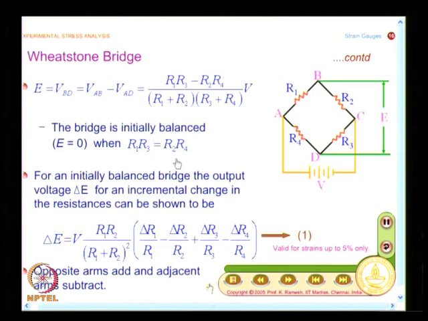What we have seen, when I put a strain gauge as one of the arms, under the application of the load, the resistance of the strain gauge will change slightly.